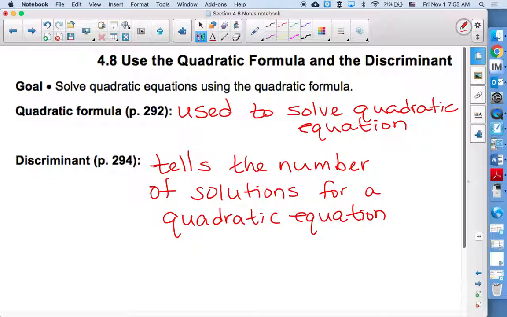So my quadratic equation, does it have one answer? Does it have two? Are they real? Are they imaginary? That's what the discriminant will tell us. So it's going to be a number that we're going to calculate, and then by using this number, I could say I have two answers that are real, I have two answers that are imaginary, or maybe I just have one answer. So there are a couple of different options.